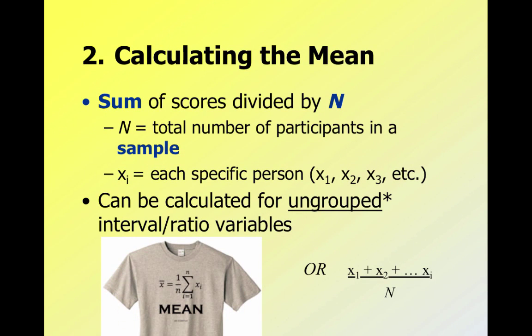But calculating it, simply we're taking each individual score, adding them up, and dividing it by the total number of participants in the sample. And really, we use this more so for ungrouped interval and ratio variables, with that slight caveat of taking a look at the table of when we can use the mean for given exceptions.